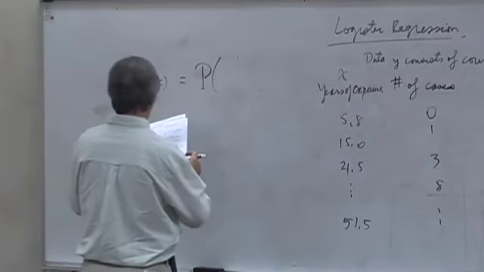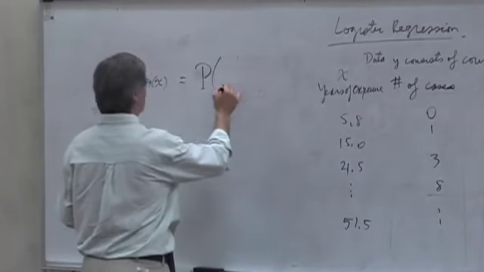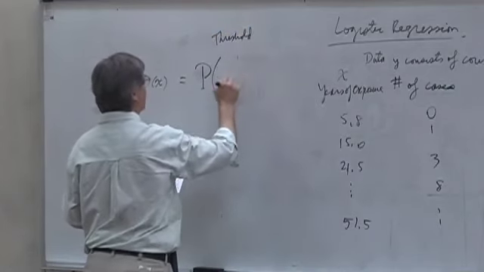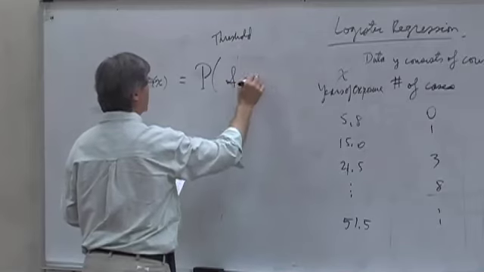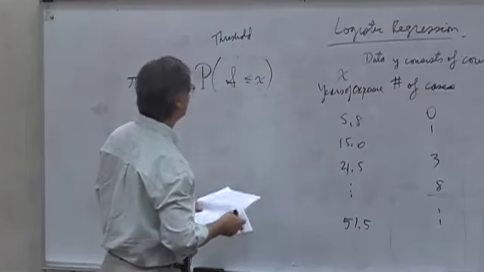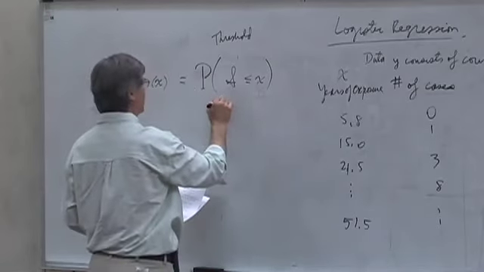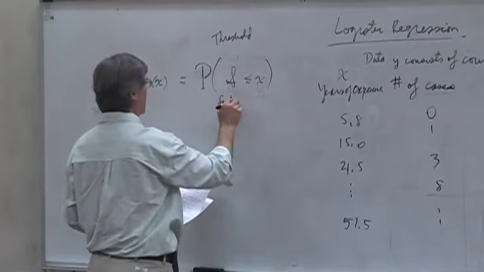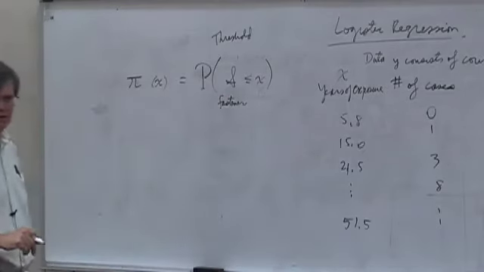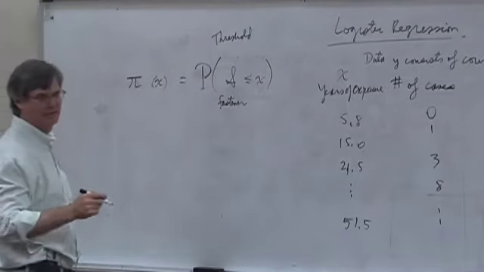In a threshold model, that would be the probability that the strength is less than or equal to X. The strength of the fastener, for example, in the fastener example. So it would actually be a cumulative distribution function evaluated at X.